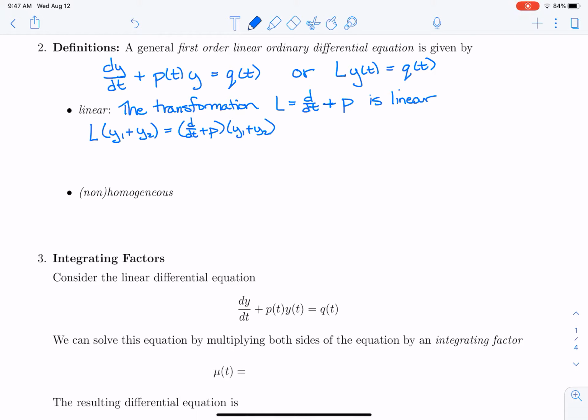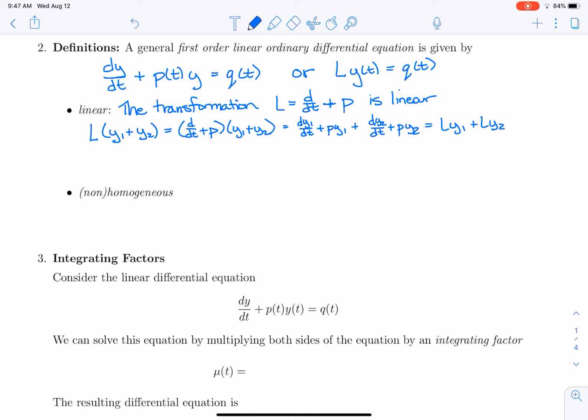So if I take d/dt plus p done to y1 plus y2, that's going to be dy1/dt plus p times y1 plus dy2/dt plus p times y2. Okay, so that is L done to y1 plus L done to y2.